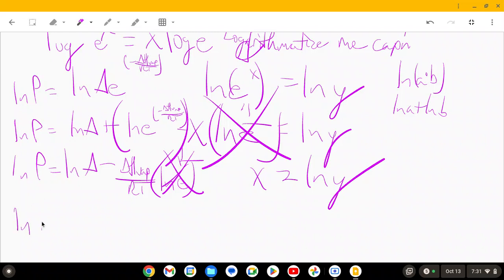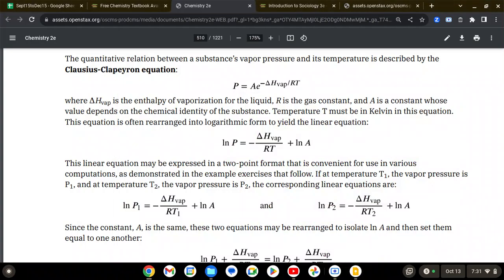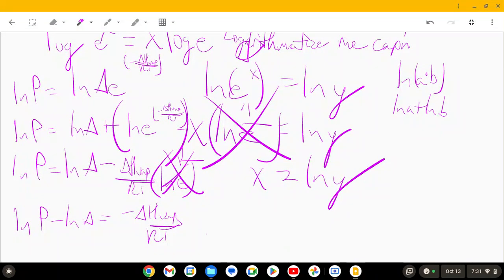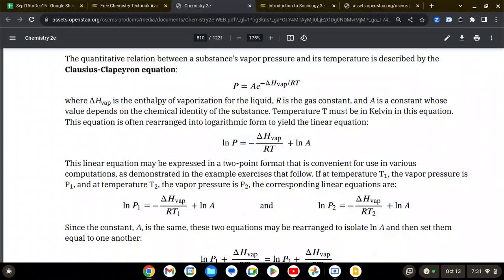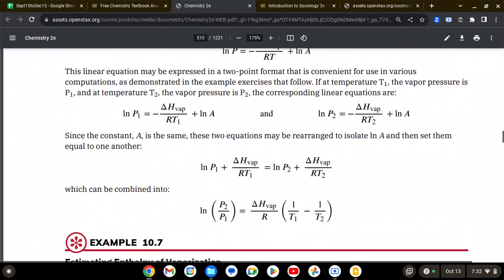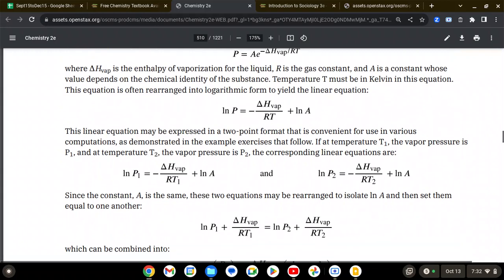So we get ln P minus ln A equals negative delta H vap over RT. I might have screwed up somewhere. Let's see. No, that's right. This is the equation they have. So I just wanted to show off that part.